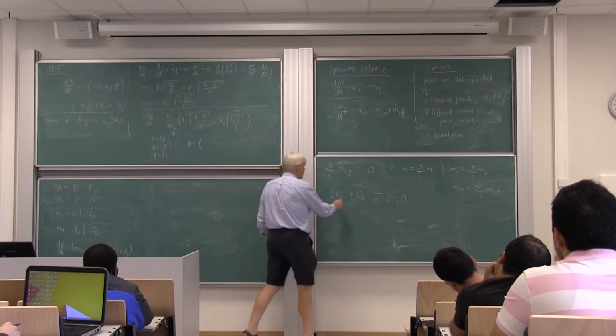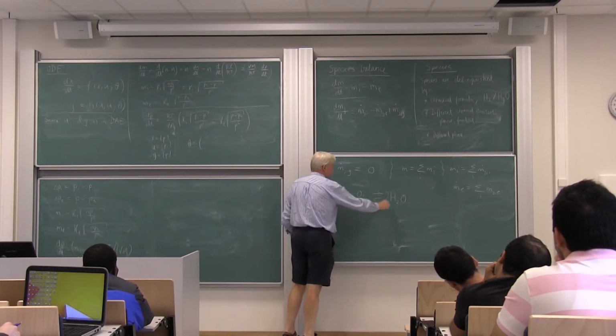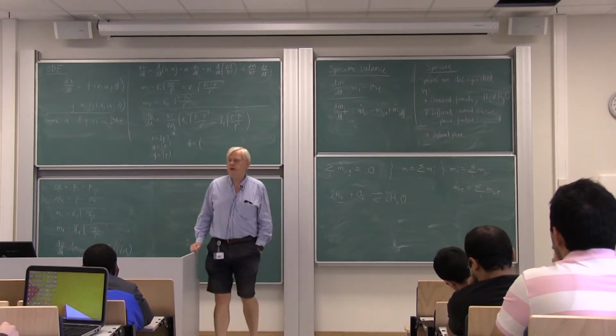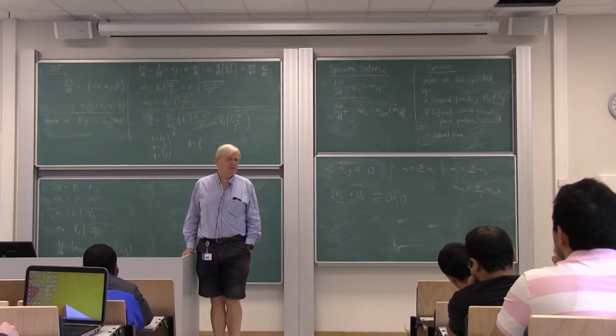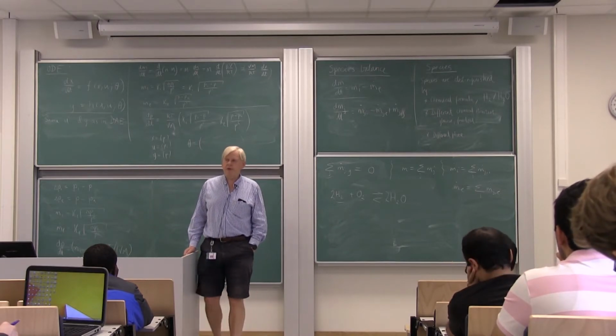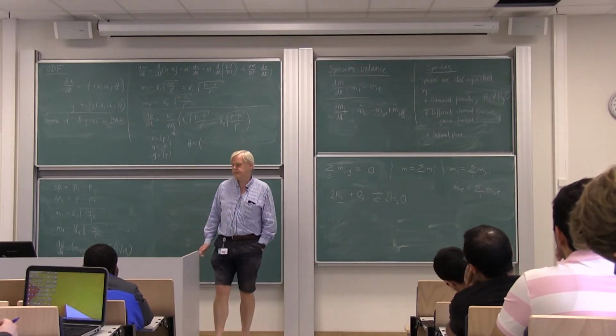So we have 3 species: hydrogen, oxygen, and water. To describe this, we should have how many species balances? 3. One for hydrogen, one for oxygen, and one for water.